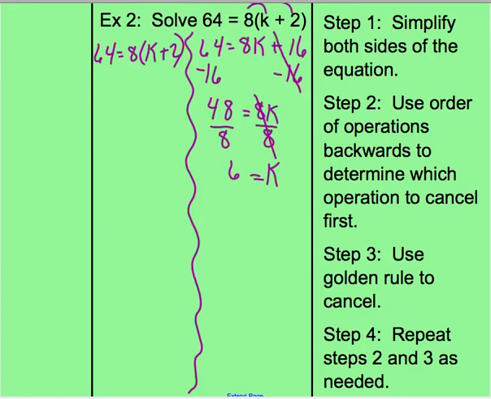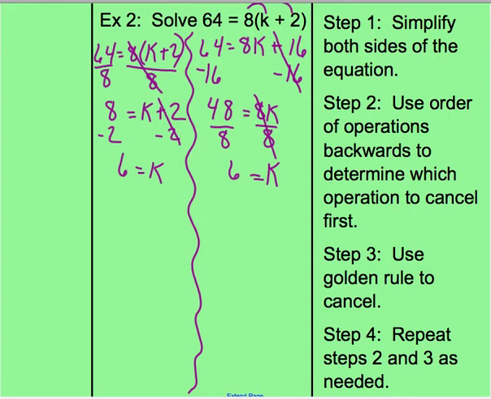So the first thing that I will do is cancel the multiplication of 8 by dividing. 8 divided by 8 cancels on the side with the variable, leaving me with k plus 2. And on the left-hand side, 64 divided by 8 is 8. And then I would cancel by subtracting 2. And 8 minus 2 is 6.